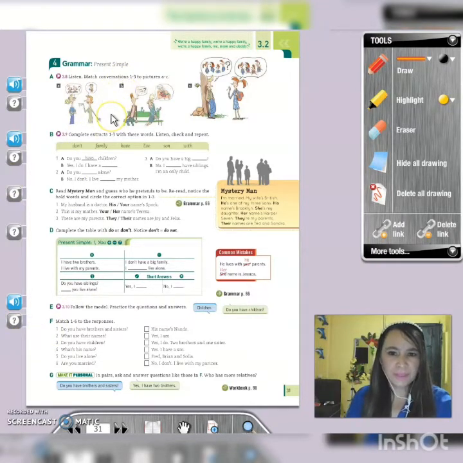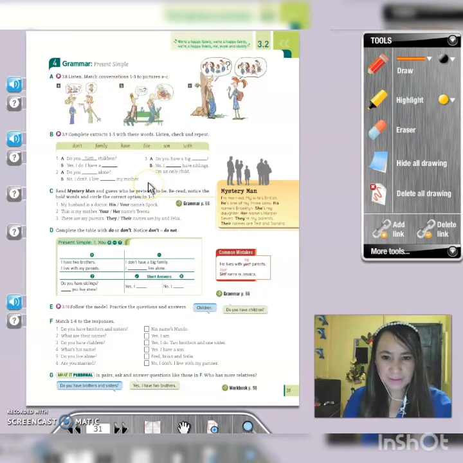Here we have some exercises you have to complete, but I'm gonna help you. According to the first exercise, we have listen, match conversations 1 to 3 to pictures A to C.